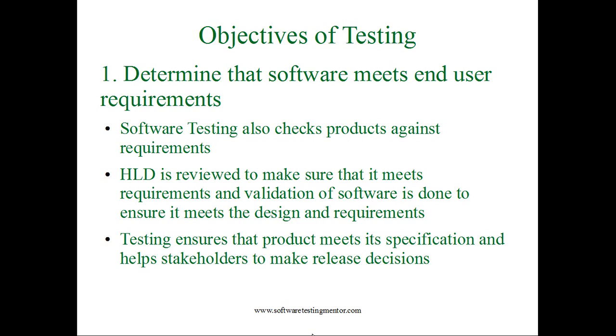All those specifications and requirements in the SRS document are being met by that HLD. And then when they do dynamic testing of software after the build is available and they can install the build on the test environment, they ensure that it meets the design and the requirements.